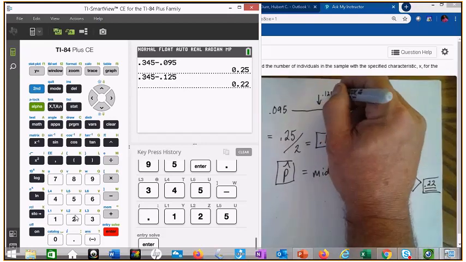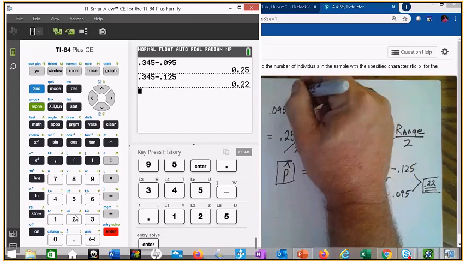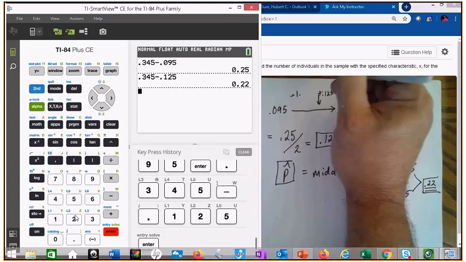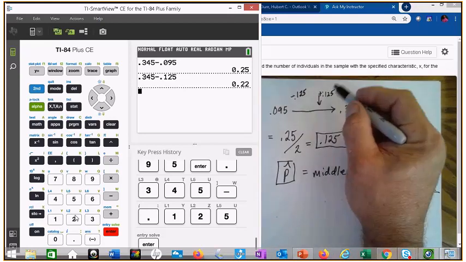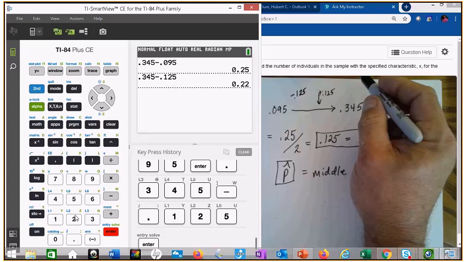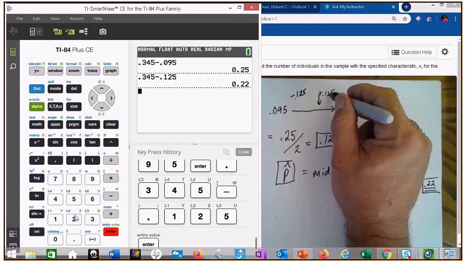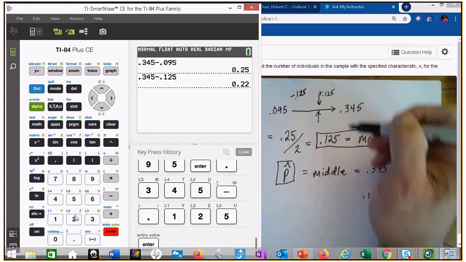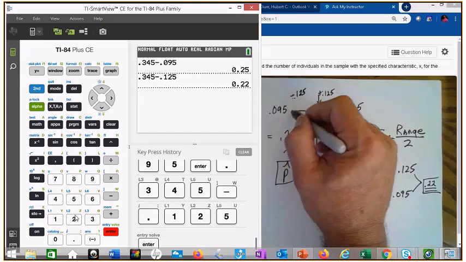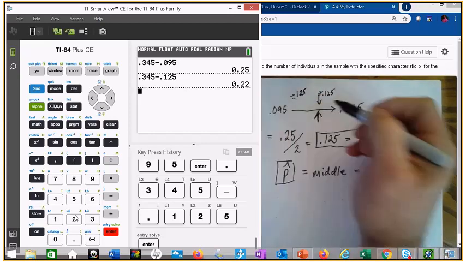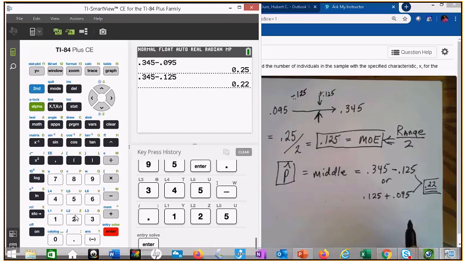You add it on this side, and you subtract it on this side. If you take 0.345 and minus 0.125, that will give you the middle. If you take 0.095 and add 0.125, that will give you the middle. And the middle is 0.22.